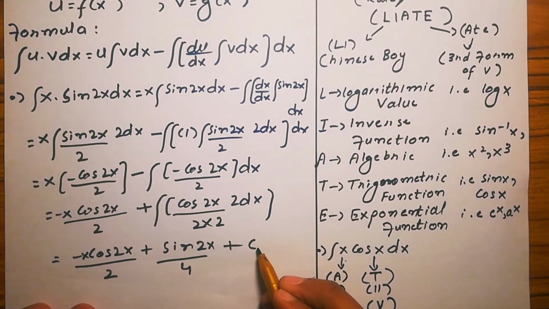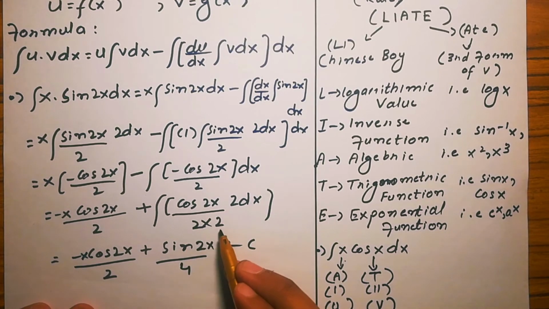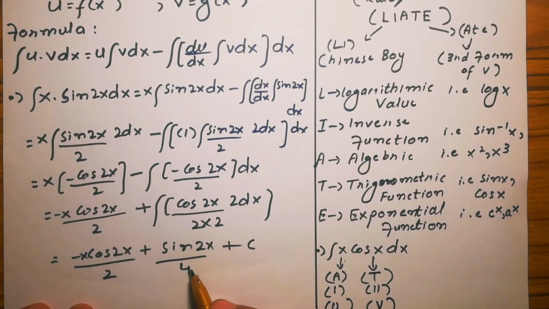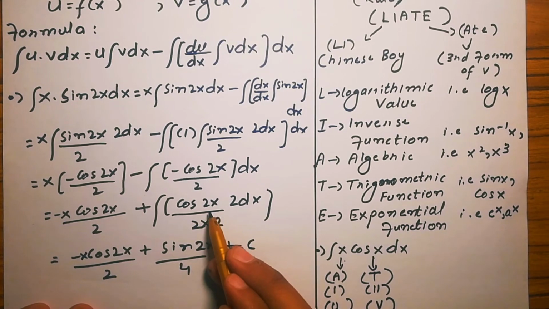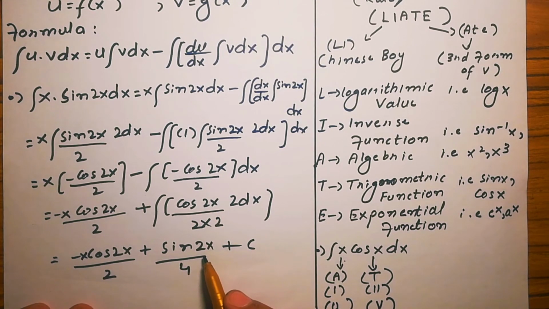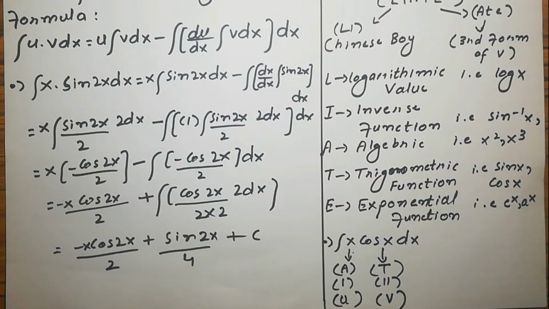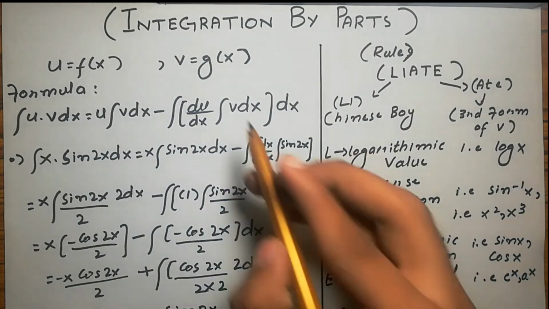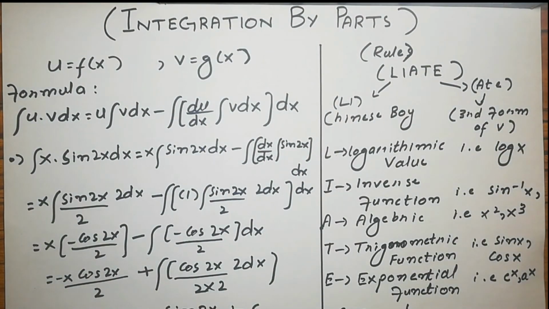This is how I have solved this: 2 times 2 becomes 4, the integration of cos is sin, positive sin x, and the angle will remain the same. So this is how we can solve questions related to integration by parts. Thank you very much for watching this video.